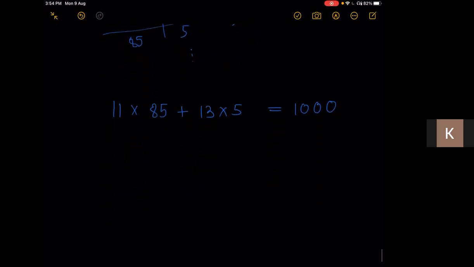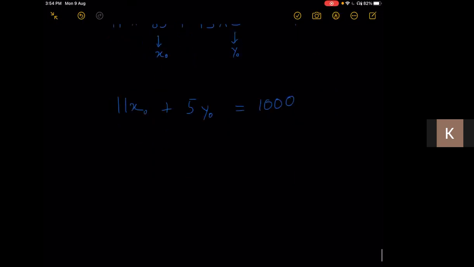Now what you do? See, the sum has to be 1000. Suppose this is x naught, 85, and this is y naught, 5. So 11x naught plus 13y naught equals 1000.